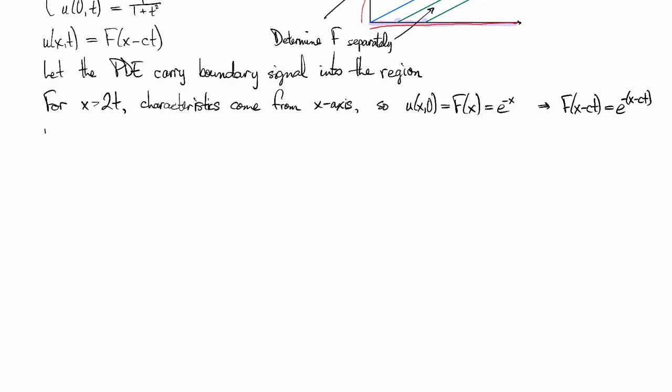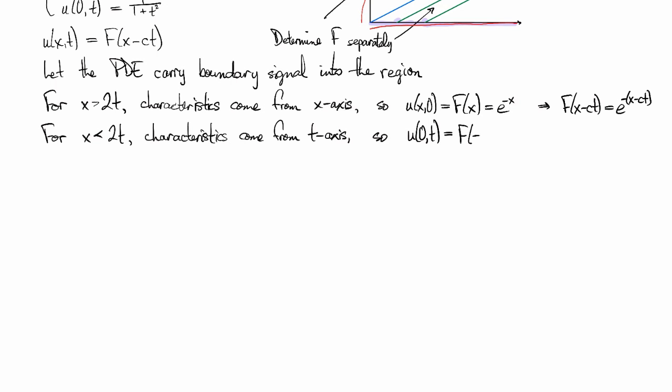On the other hand, for x less than 2t, so now we're in the upper half of this quadrant here, the characteristics come from the t-axis. So in this case, we've got u of 0, t equal to f of minus 2t, which is 1 over 1 plus t squared.